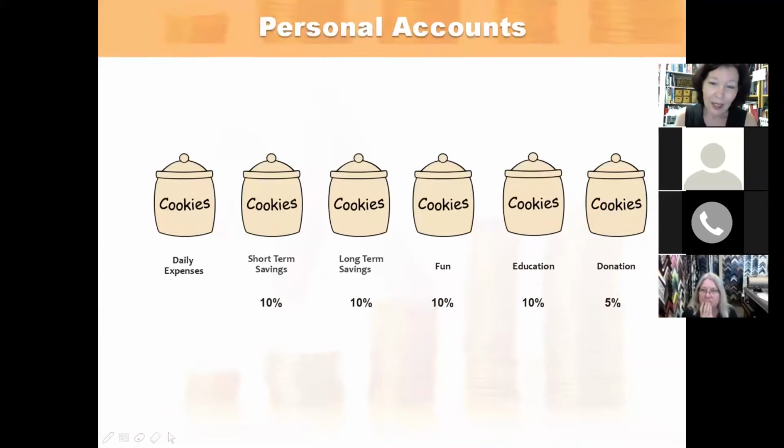Okay, and the last one is for donation. And this one should be 5%. I know I have some friends that like to give a lot more than that, but they're shorting themselves on their retirement planning and their long-term savings.